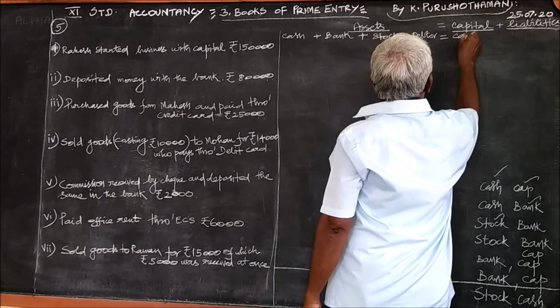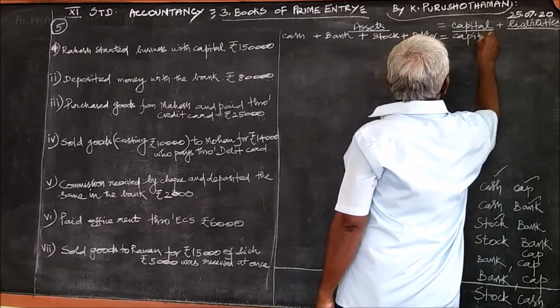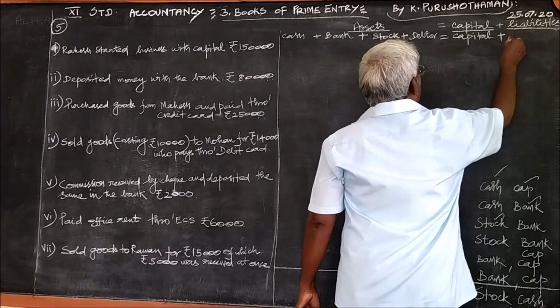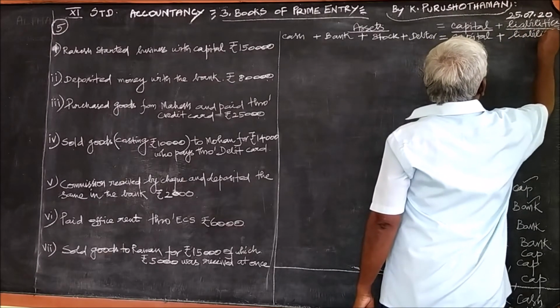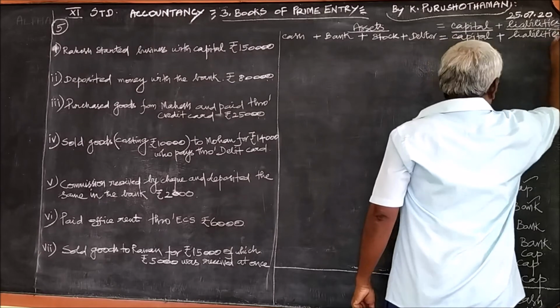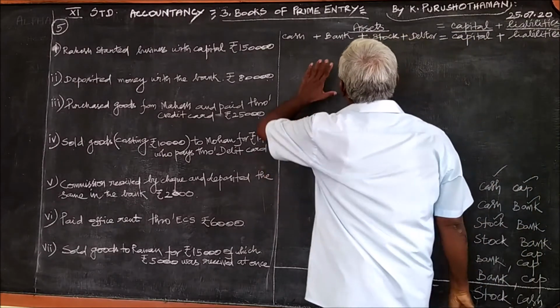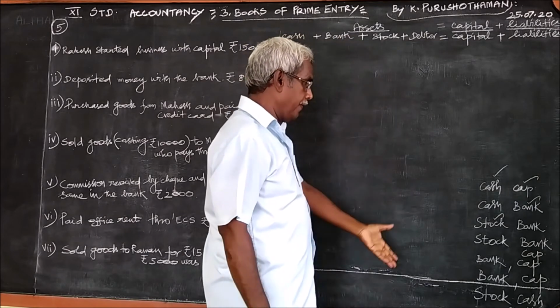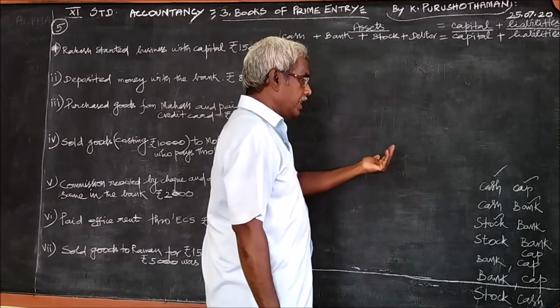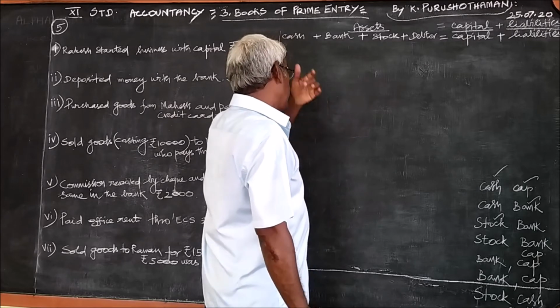Equal to capital plus liabilities. After listing out like this only, we can find how many assets are coming there, and therefore we should list out the number of assets.